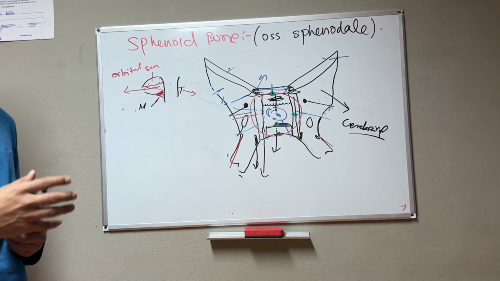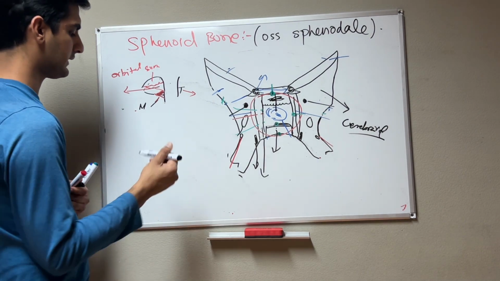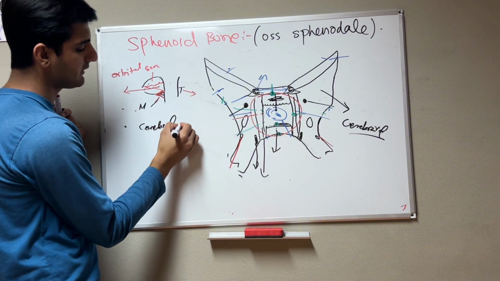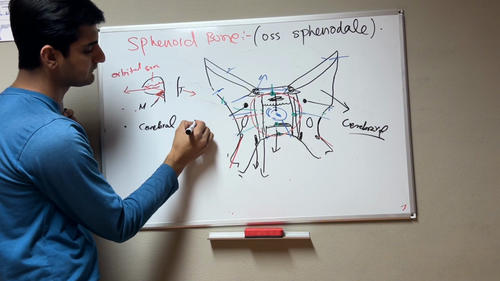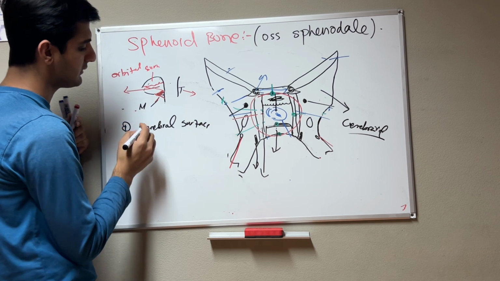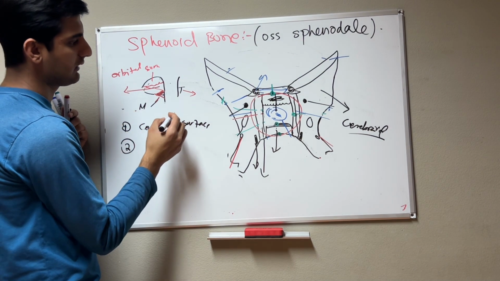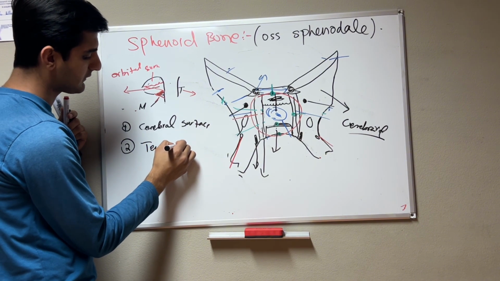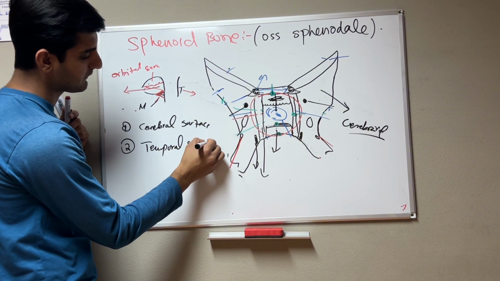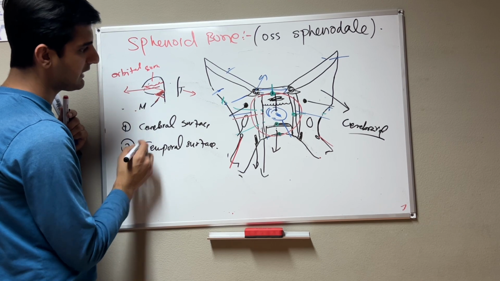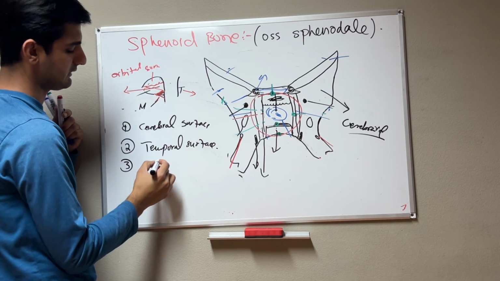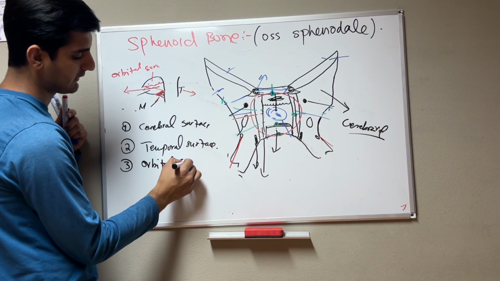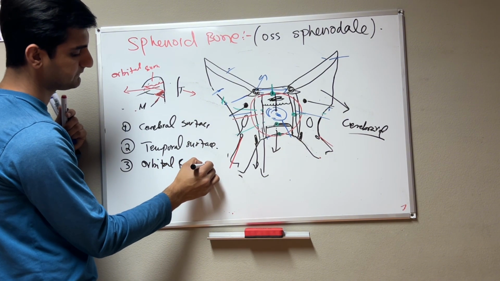We have four surfaces in the greater wing. The first is the cerebral surface, facing the cerebrum. The second is the temporal surface, facing the temporal bone. The third is the orbital surface, facing the orbit.